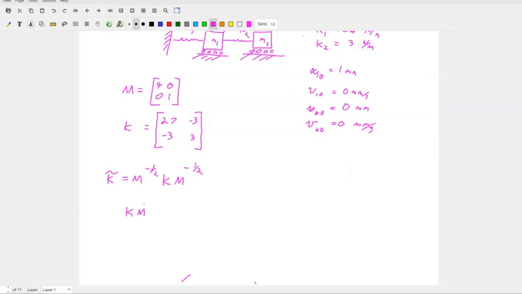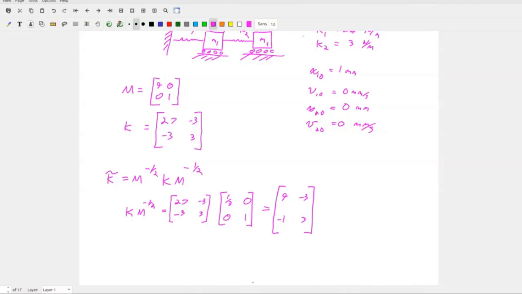And K M to the -1/2 equals 27, -3, -3, 3, times 1/3, 0, 0, 1, and that's going to be 9, -3, -1, 3.